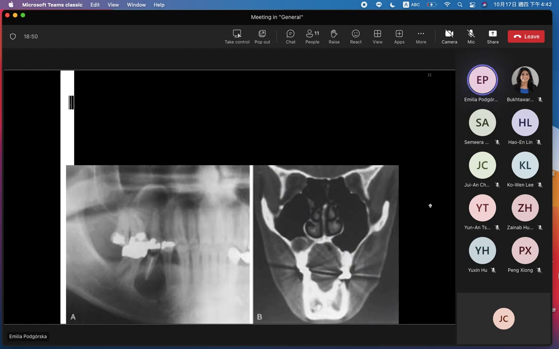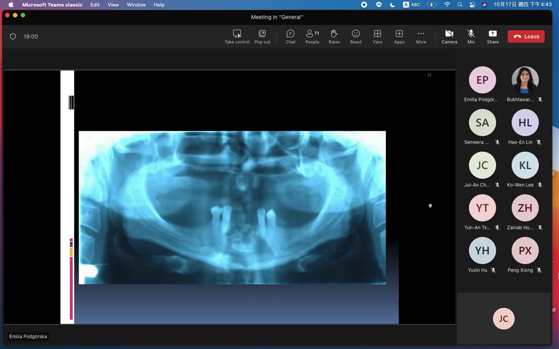And this is an example of a radicular cyst connected with a tooth after endodontic treatment on the left side. Another type.